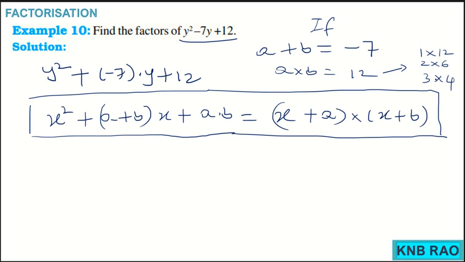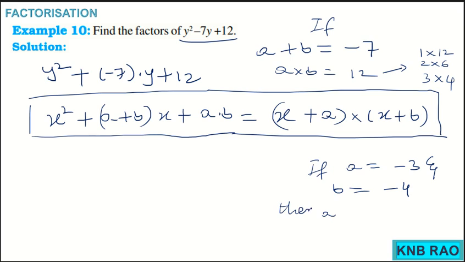Now, when I consider a as 3 and b as 4, yes, their sum is plus 7 but not minus 7. If I want minus 7 as the sum of two numbers, I need to take this simple way. If a is minus 3 and b is minus 4, then their sum becomes minus 7.